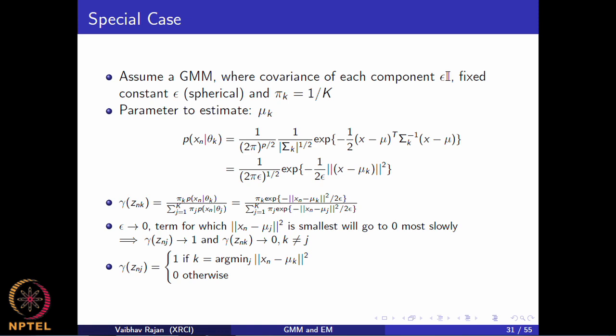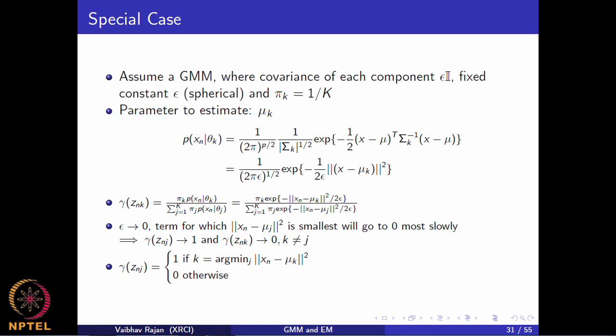Epsilon times identity will give you a spherical Gaussian. We also fix pi k, so each component gives exactly the same contribution towards the Gaussian mixture. Now, the only parameter to estimate is mu k. Since pi k is known, and since sigma k is just epsilon times identity, the formula for the normal distribution simplifies to just this.